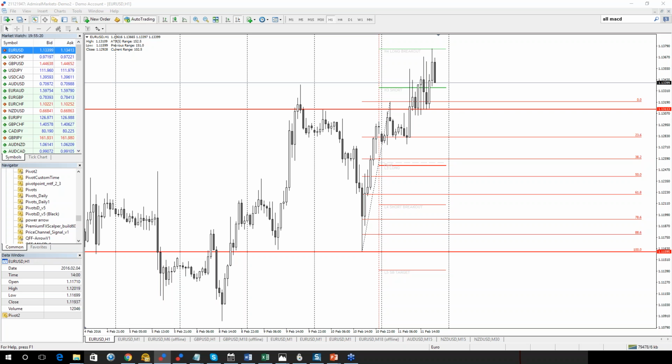Let me just open up the chart itself. Okay, so T89 is actually this one. This is it, T89.